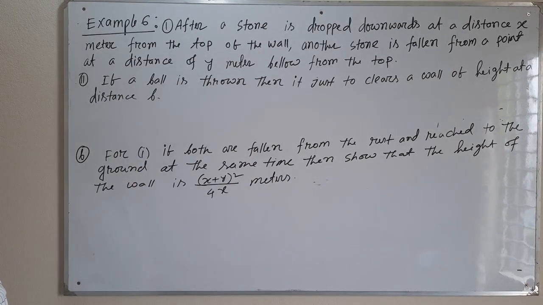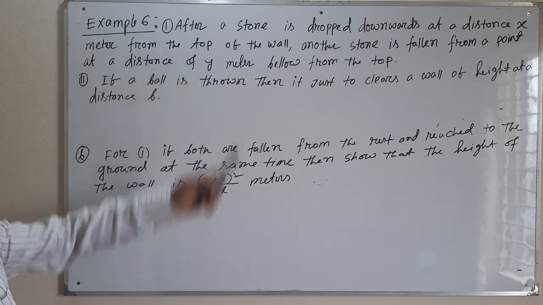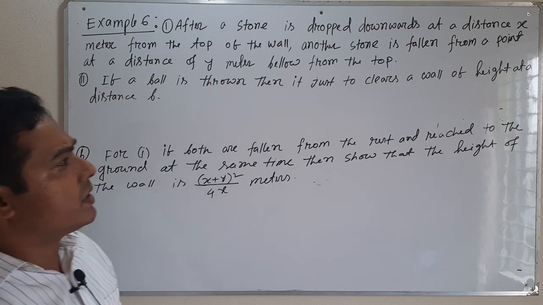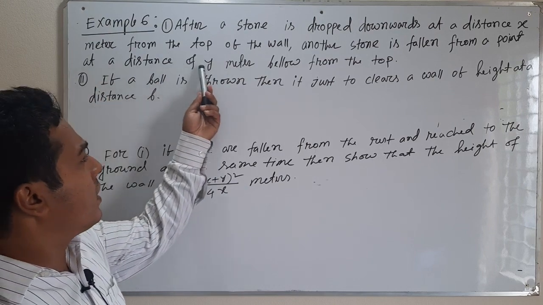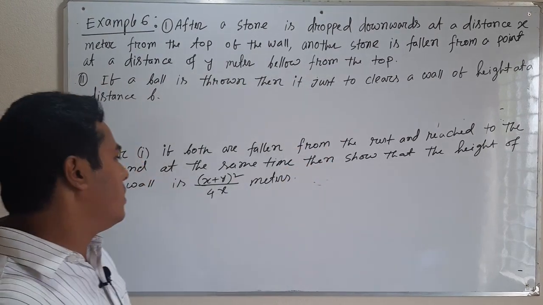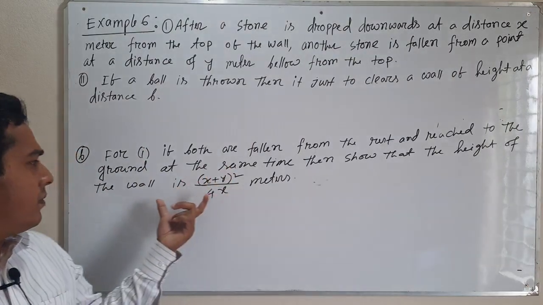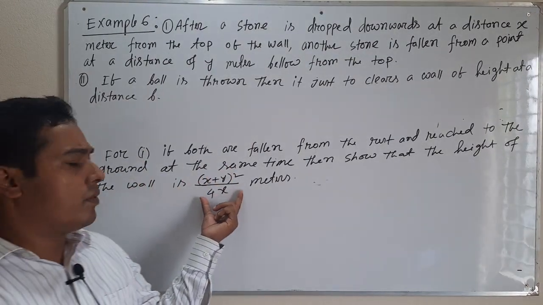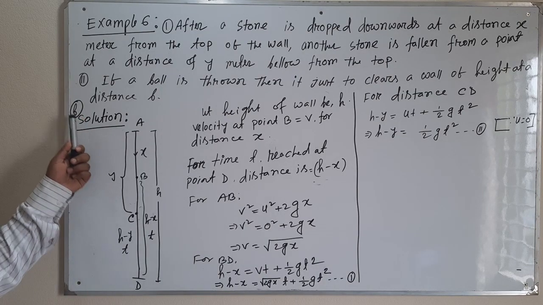First information: after a stone is dropped downwards at a distance x meter from the top of the wall, another stone is falling from a point at a distance of y meter below from the top. Then we have to prove both stones reach the ground at the same time, and that the height of the wall is this. Now question B.